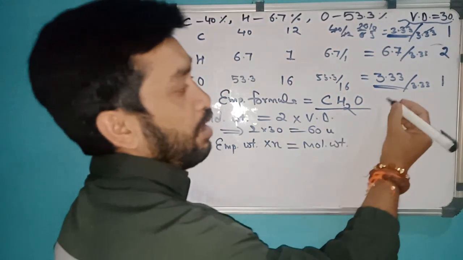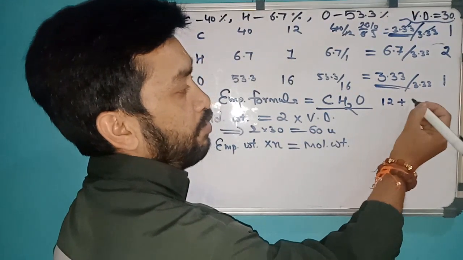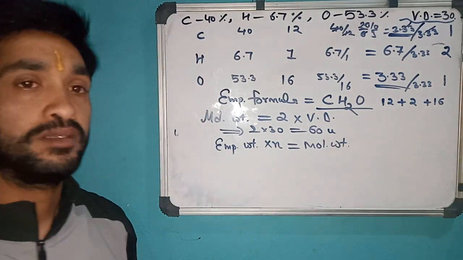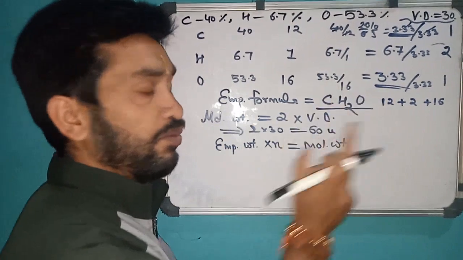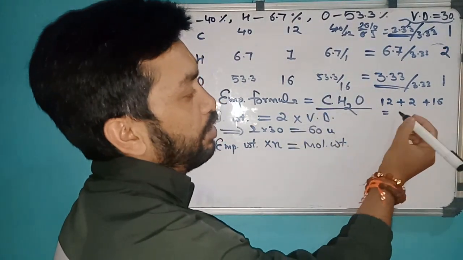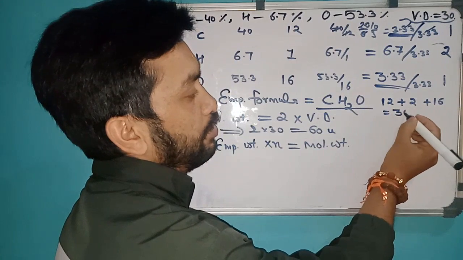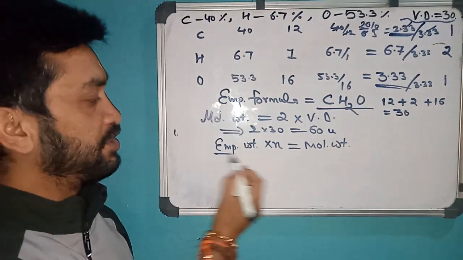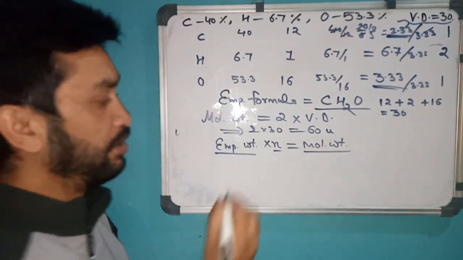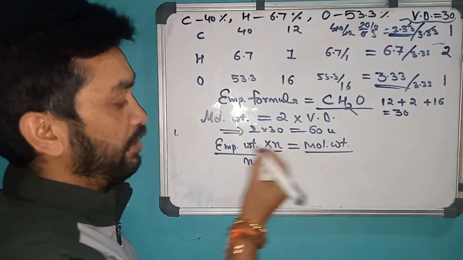Definitely. Carbon is 12, hydrogen is 2, oxygen is 16. Why hydrogen 2? Because for 1 it's 1 gram, but for 2 it will be 2 grams. So 12 plus 2 is 14, 14 plus 16 will give you 30. So empirical weight is there, molecular weight is there, n is not there. So n is equal to molecular weight upon empirical weight.